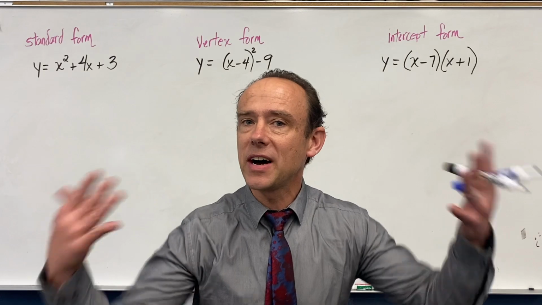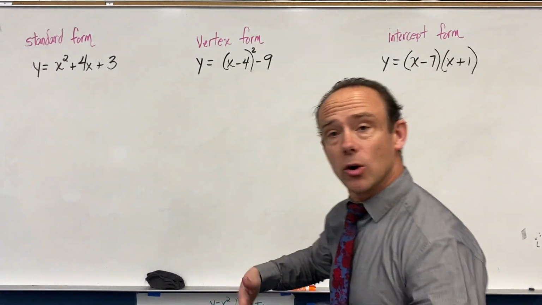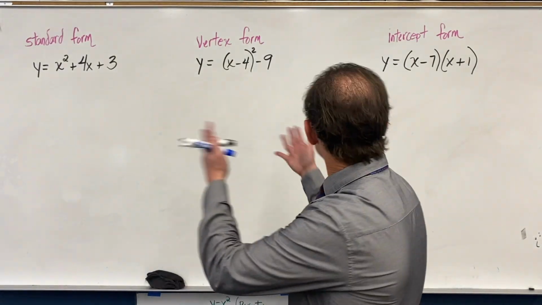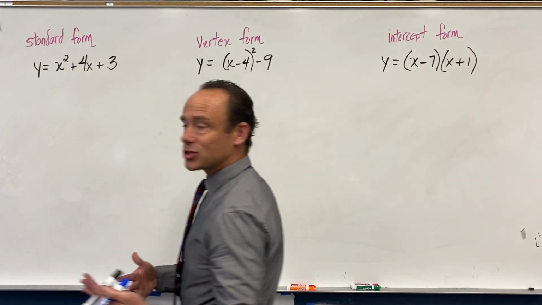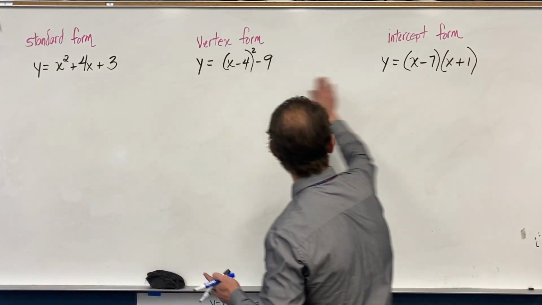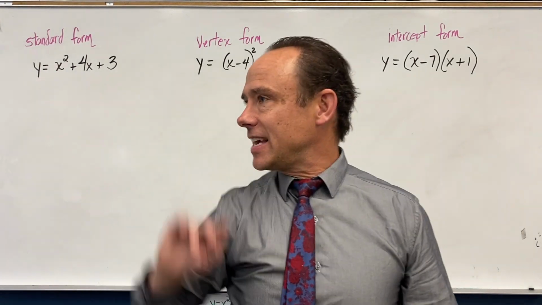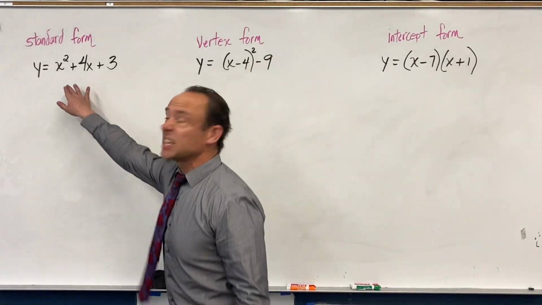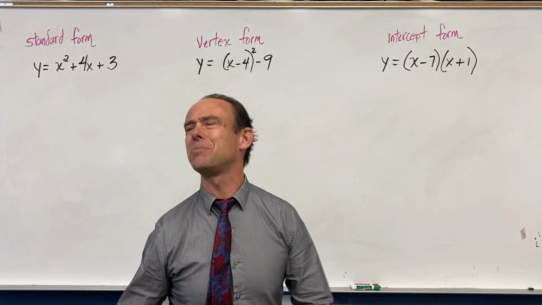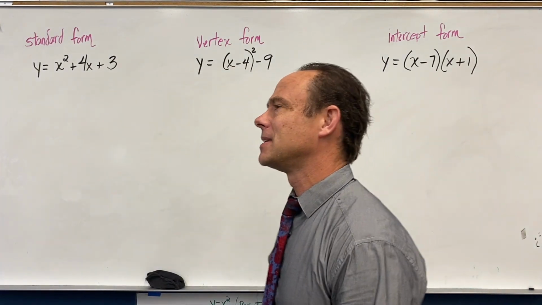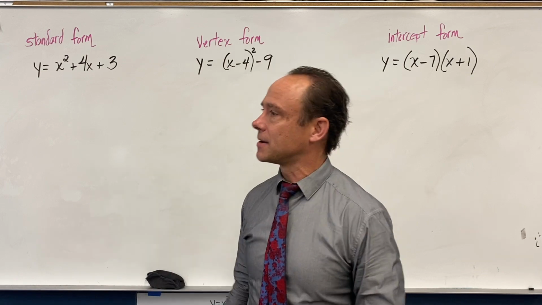Okay, so we're gonna find x-intercepts. Well, we know when we're dealing with quadratics, we got these three forms, right? And they're kind of interchangeable. We got standard, vertex, and we got intercept. So if your teacher says, find the x-intercept, and they give you the equation in standard form, you got to be like, oh, damn, I can do it, but damn.